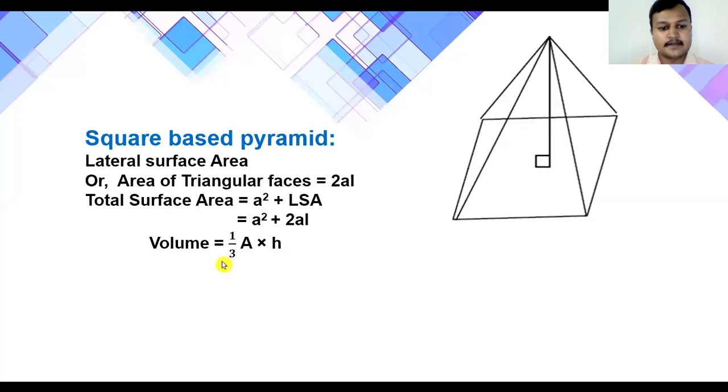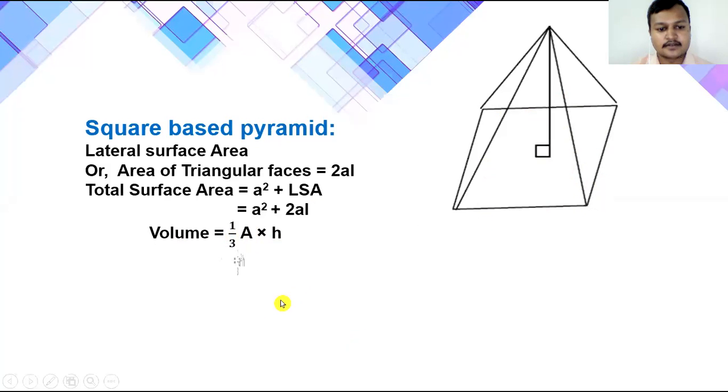So volume of this pyramid is 1/3 times area of base into height, which is equal to 1/3 A square H.